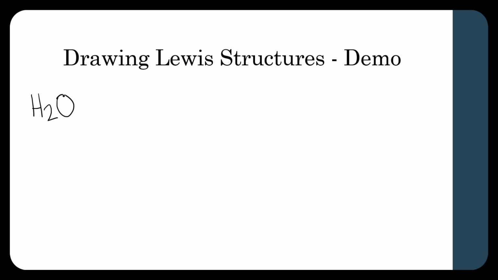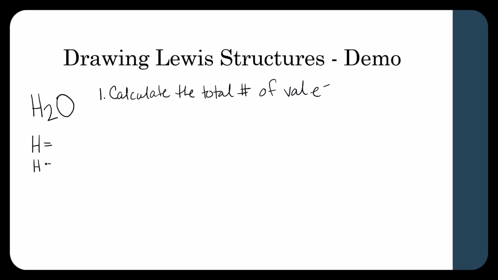So step number 1 is to calculate the total number of valence electrons. So the way we're going to do this is we're going to decide how many valence electrons each of these atoms brings to the party.